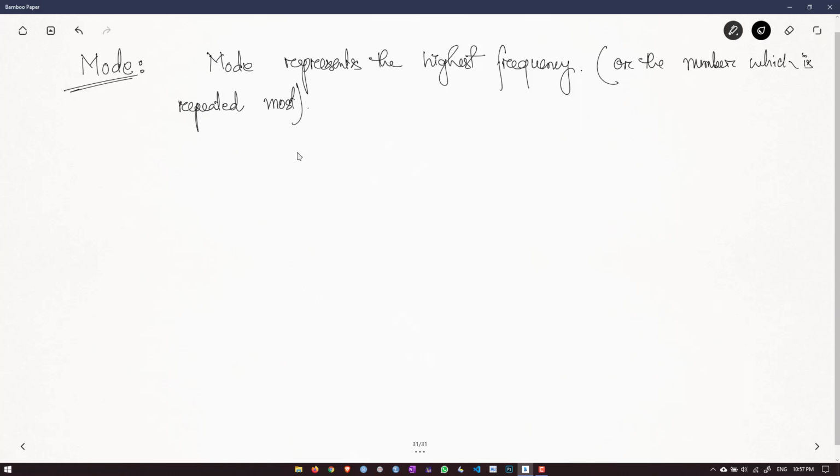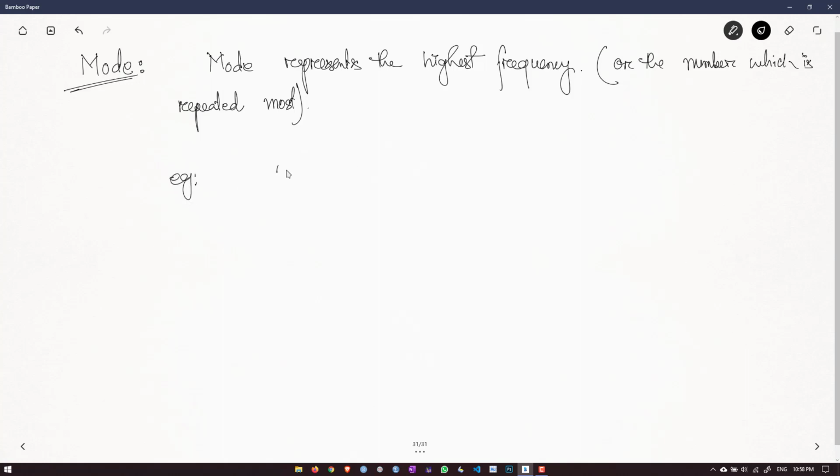So that is mode. Mode means nothing but something which is repeated the most number of times, right? So for ungrouped data, mode is finding out that value which repeated the most number of times.